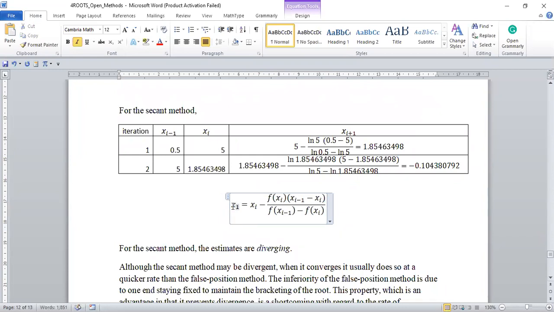You're evaluating x1 at the first iteration. Then this is x0, this is x0, then this is x minus 1. This is x0.